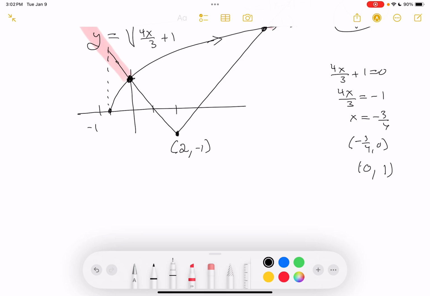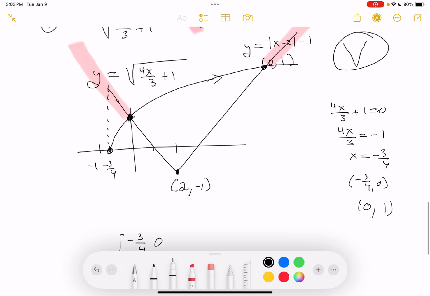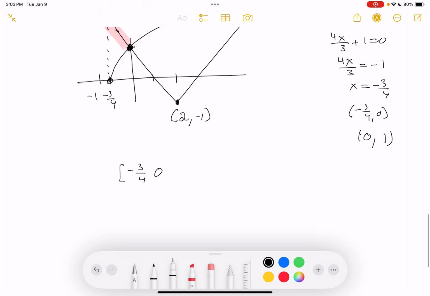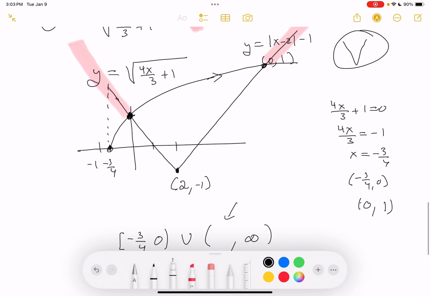Just looking at it, I'm going to say minus 3/4. That's right here, by the way. Up to the number 0. And it's certainly greater at minus 3/4. At 0, it's exactly equal, so I have to exclude that. Union, I've got to figure something out here, by the way. I'm not sure what it is at this point, but union, and it goes off to infinity. I don't know what this number is.